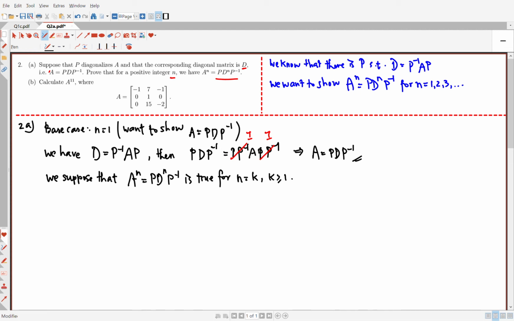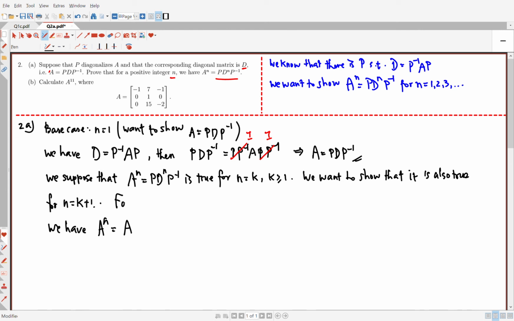We want to show that it is also true for n equal to k plus 1.